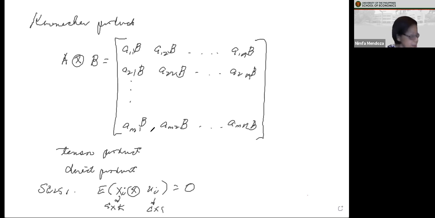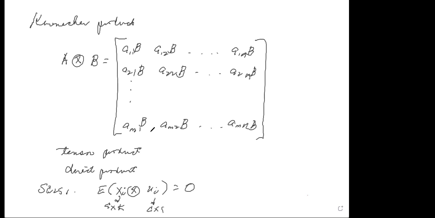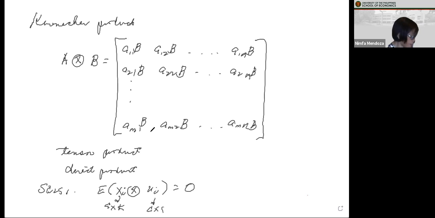Let's say A is M by N. B can be any dimension because you're just multiplying by a scalar, right?